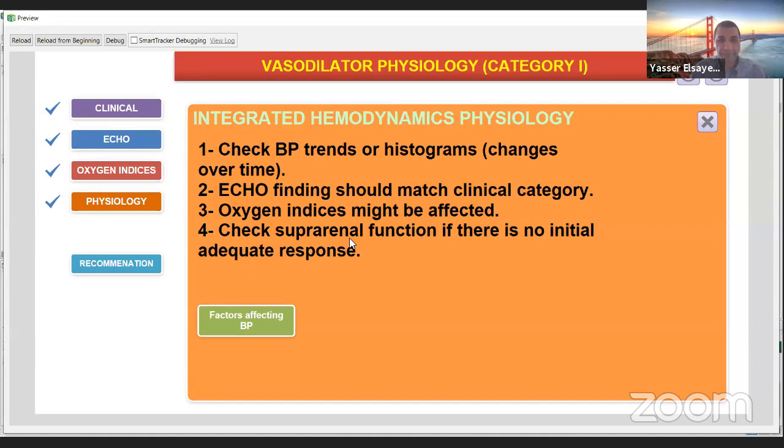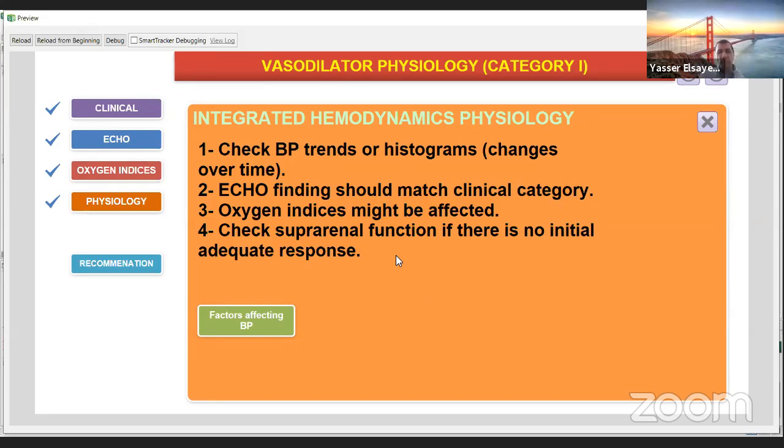It is vasopressor. Again, check the blood pressure trends and look at the histograms of the blood pressure, or look at the trend as a graph trend, not just look at the blood pressure at one time. And if you do an echo, it might add value, to be sure that there is good heart filling, good contractility, and you may have a hyperdynamic heart in this category.